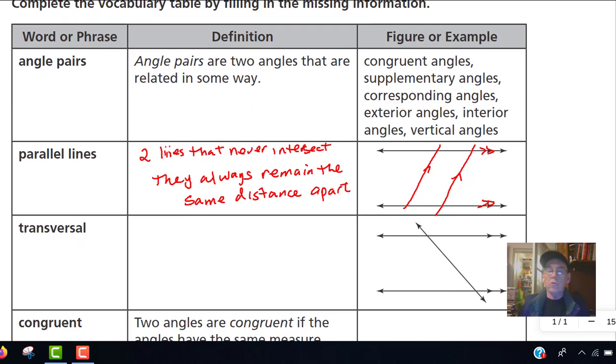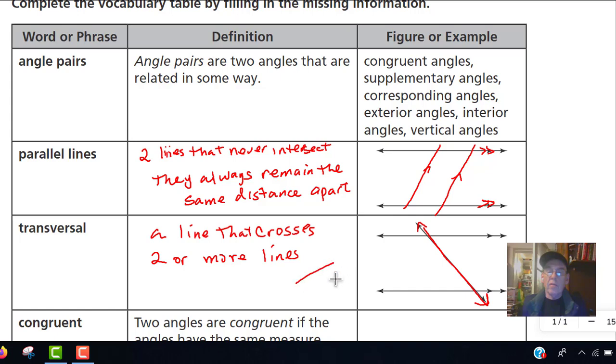Let's look at transversals. A transversal is a line that crosses two or more other lines. So this is an example of a transversal that happens to be crossing two parallel lines.